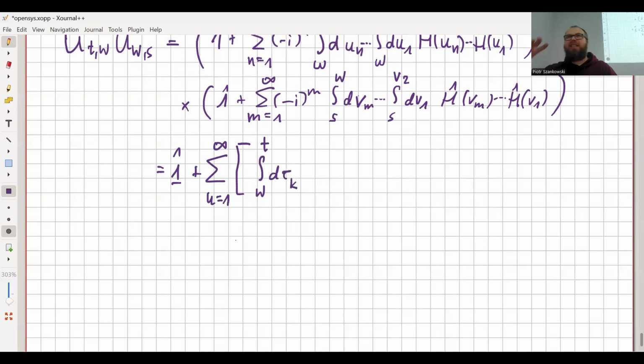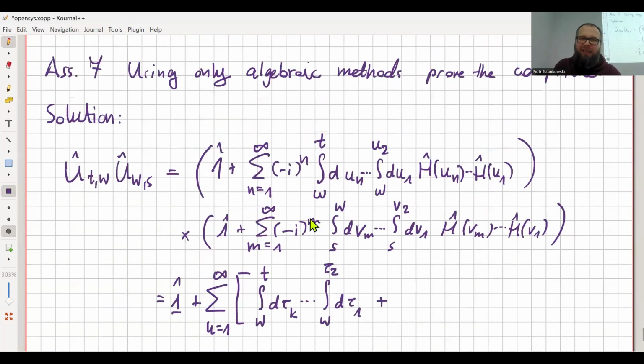So I'm changing the names of variables to tau, both u and v, W tau_2 to t tau_1. So this guy, what is this guy? This is basically when any guy from here hits identity here, okay?